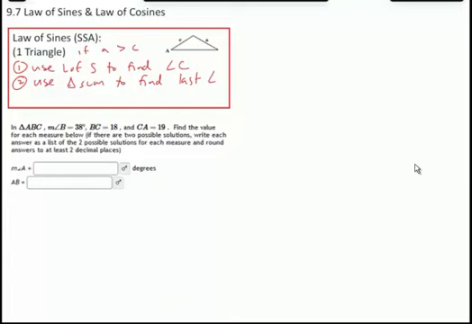And then you can use law of sines once again to find the remaining side. I'm going to walk you through this, and then when we do the next one, I'll have you try on your own.